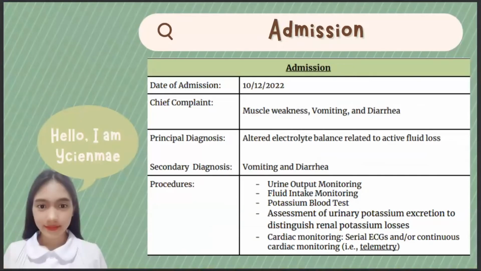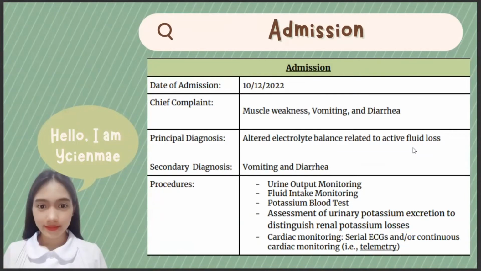Hello, I'm Ishan May. I'm going to discuss the admission. Date of admission, October 12, 2022. The chief complaint of the patient is muscle weakness, vomiting, and diarrhea. Principal diagnosis, altered electrolyte balance related to active fluid loss, secondary to vomiting and diarrhea.